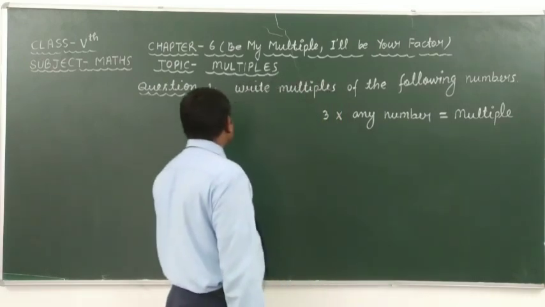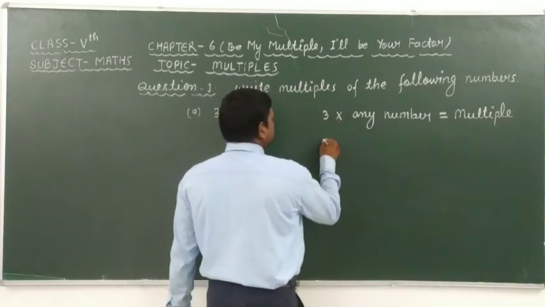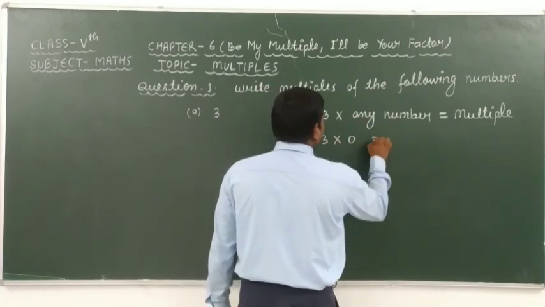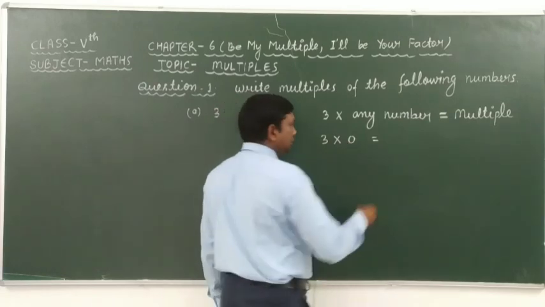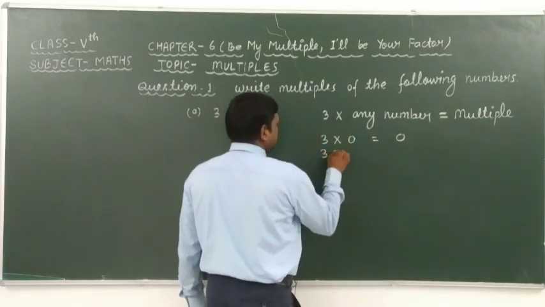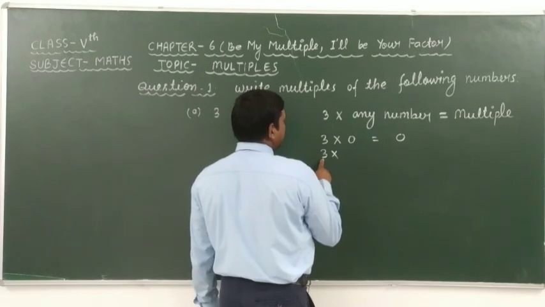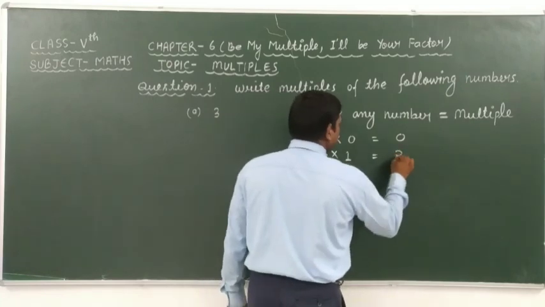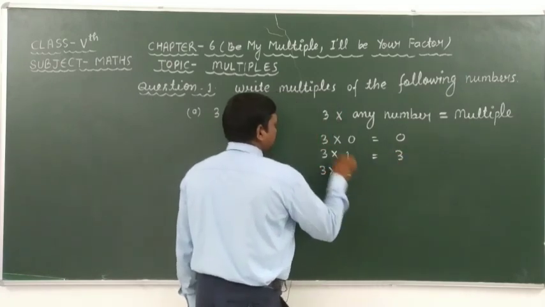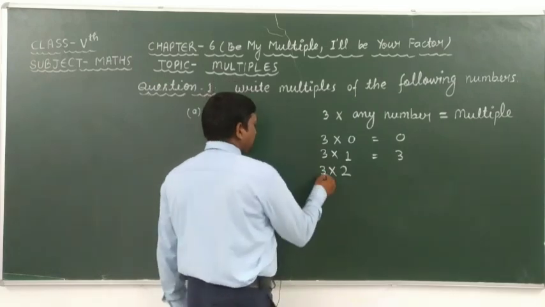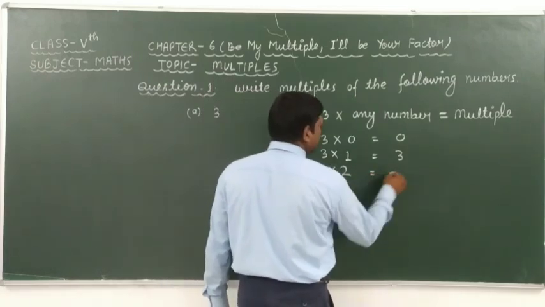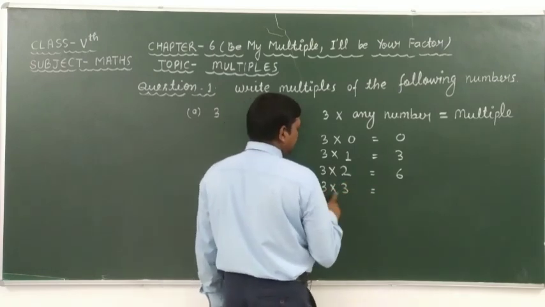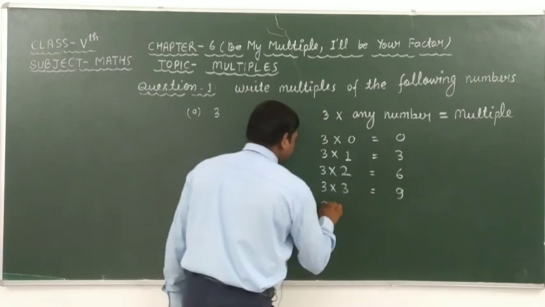Now let's start. Here given 3, firstly we take 3 into 0. 3 0s are 0. If we take the multiplication of 3 and 1, we get 3. Similarly, 3 into 2 is 6. 3 3s are 9.